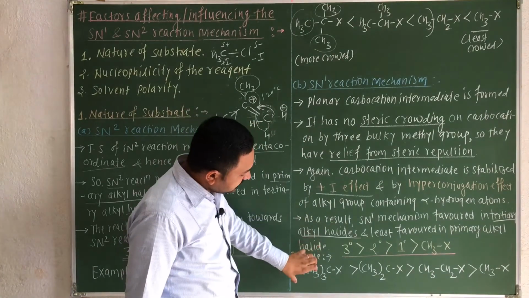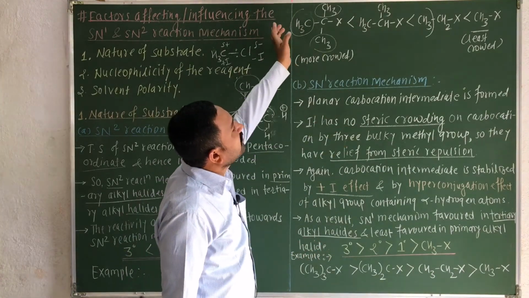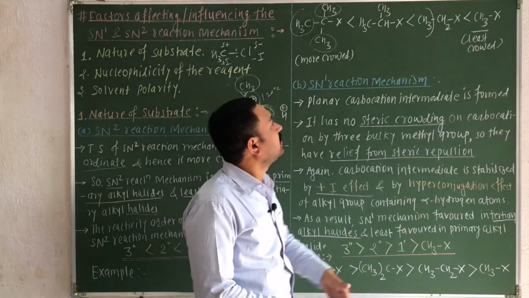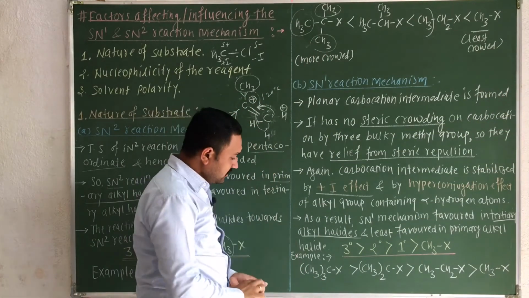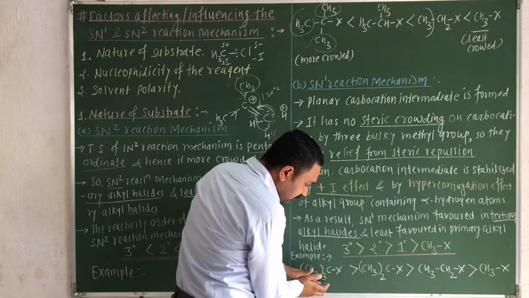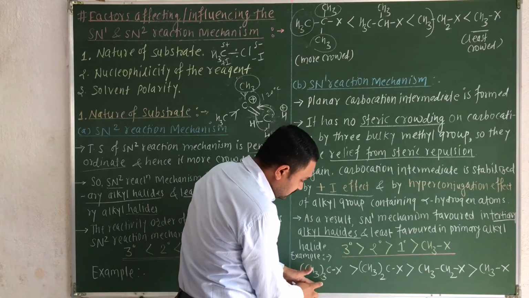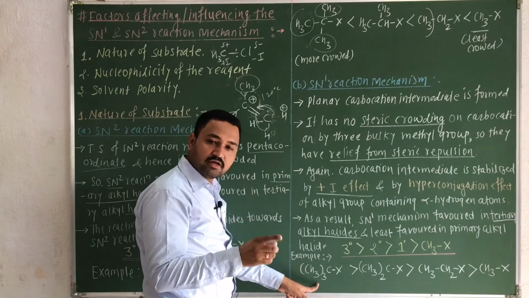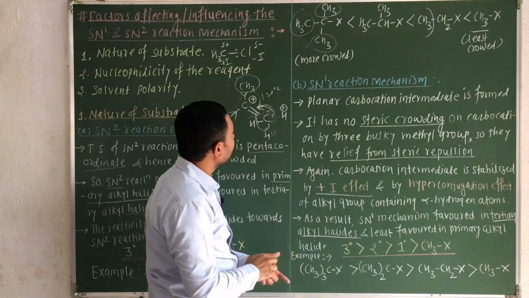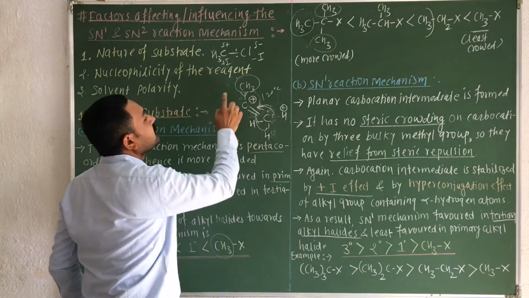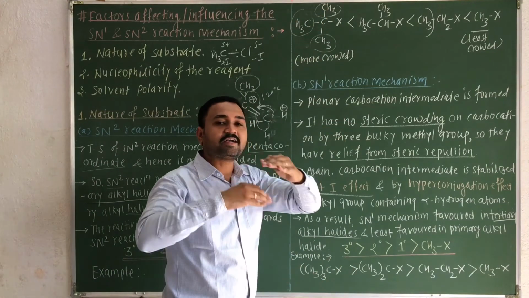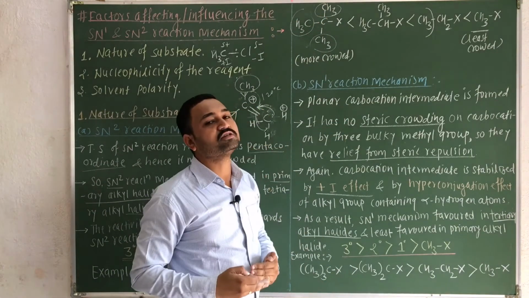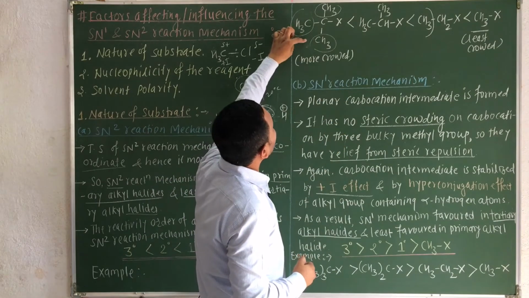Let us consider again the same example here. The order will be reversed here. So remember this is your tertiary butyl halide, so it will favor this SN1 reaction because of the positive inductive effect and hyperconjugation due to this three methyl bulky group. Here is the three methyl bulky group, so we will get that number of resonating structures for hyperconjugation.